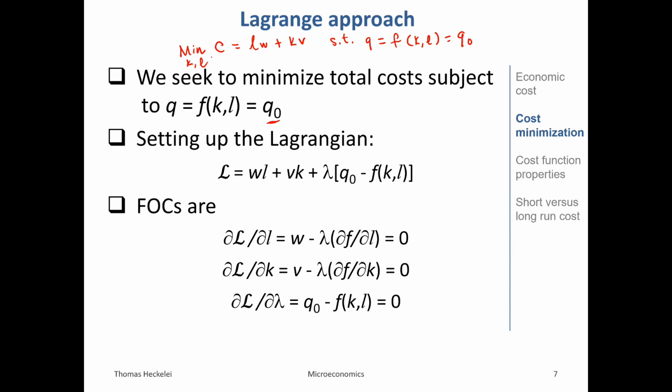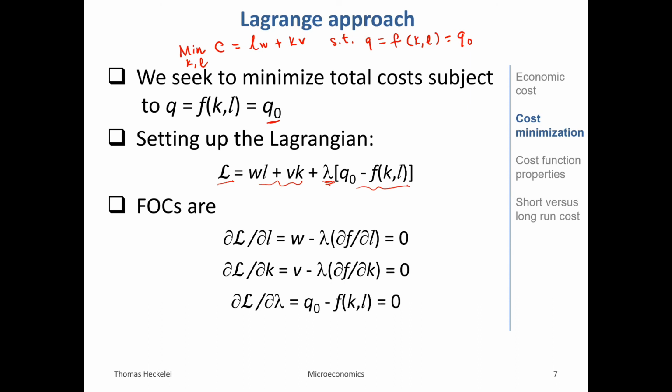The approach is very standard, nothing very different from before. We set up the Lagrange function, which includes our objective function over here, plus the lambda times the constraint. The lambda is the Lagrange multiplier, right? And then we derive the first order condition.